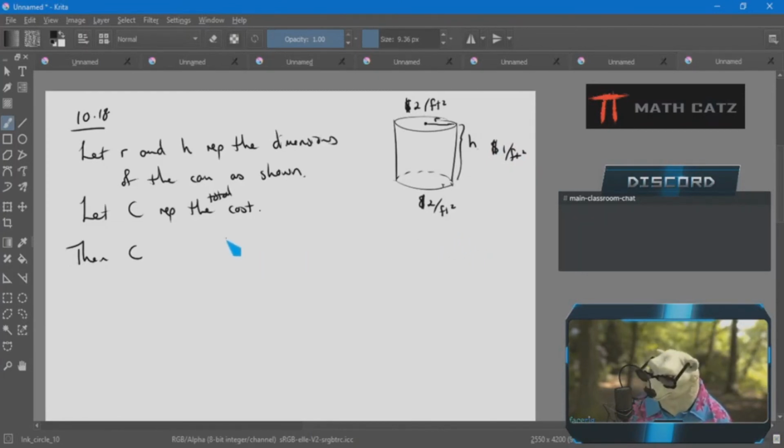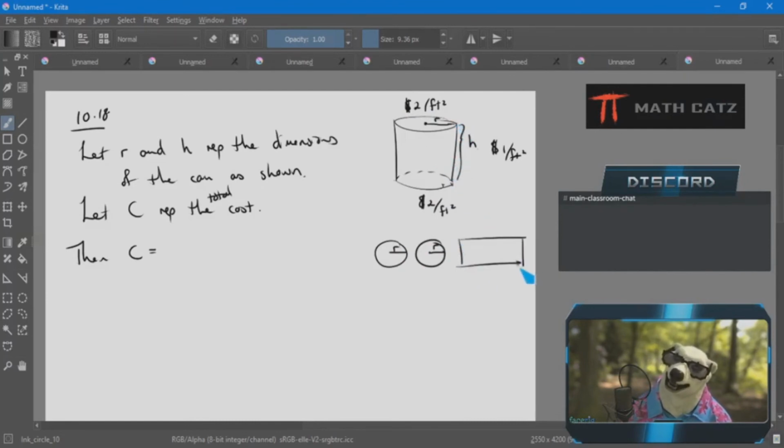So, when I calculate the cost, I have to sort of separate the pieces here. I have the top and the bottom, radius r, and then if I cut the can and fold it out, I have a rectangular side. And all of those surfaces cost me some money.